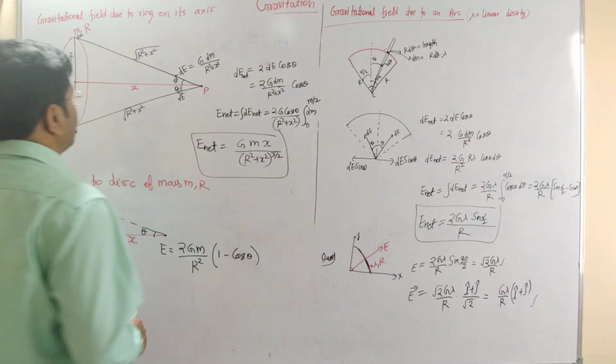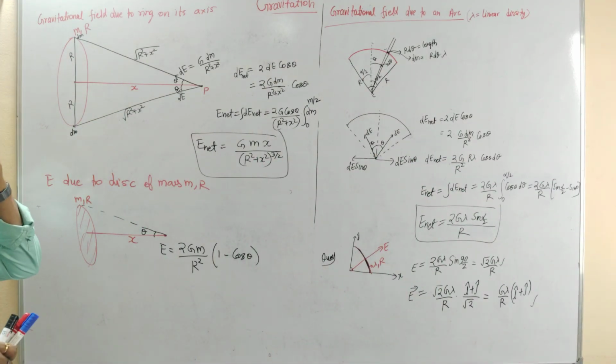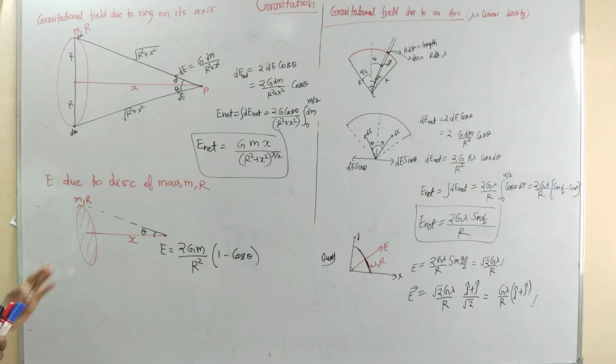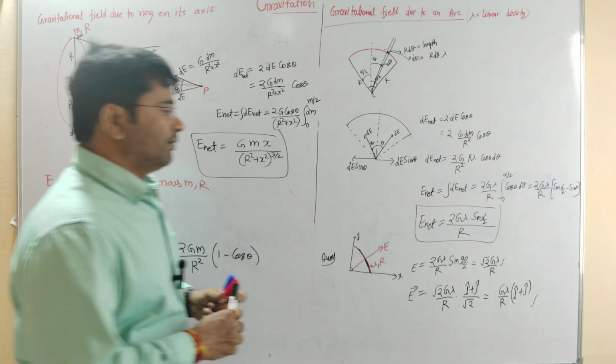So this is the disk, this is the ring. Two more we have to calculate: the gravitational field due to a solid sphere and due to a hollow sphere.